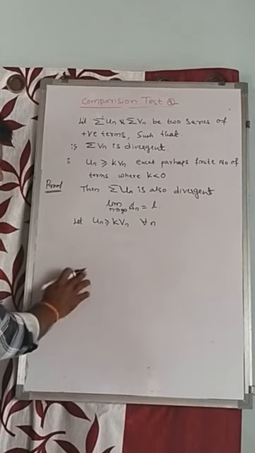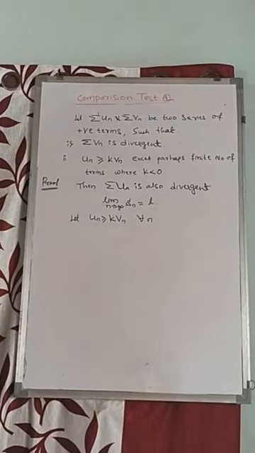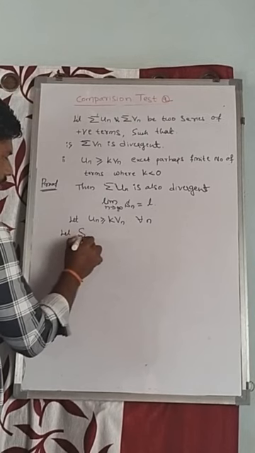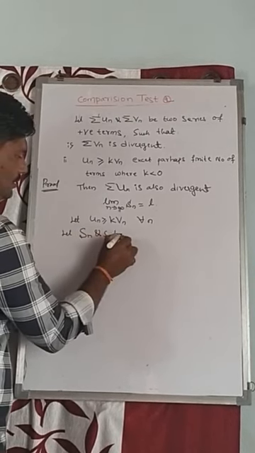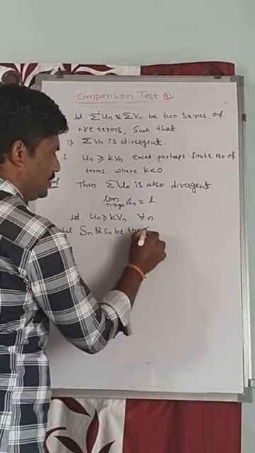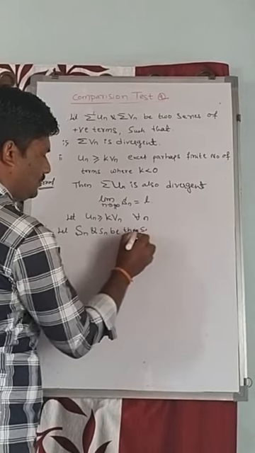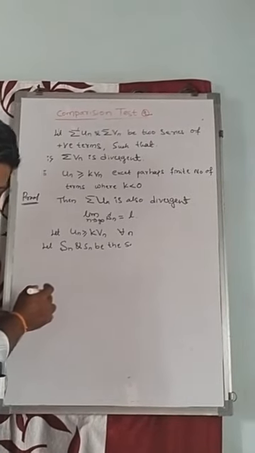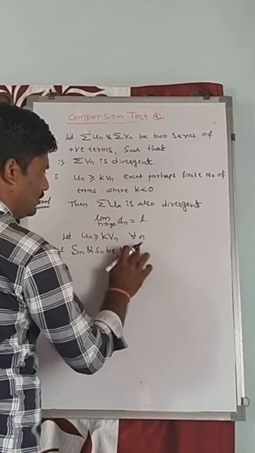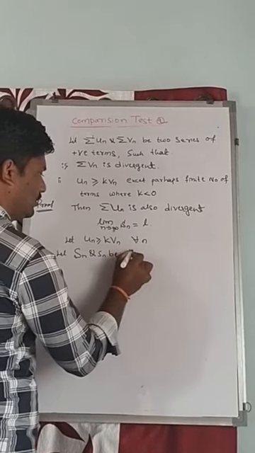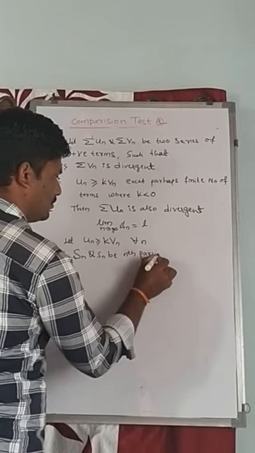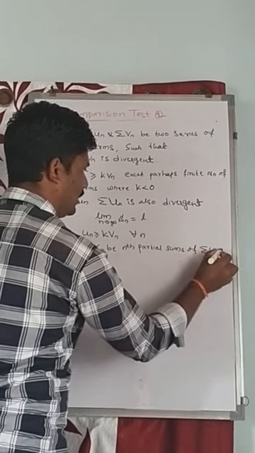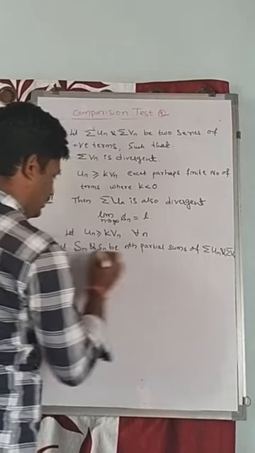Again, let Sn and sn be the nth partial sums of summation of un and summation of vn respectively.